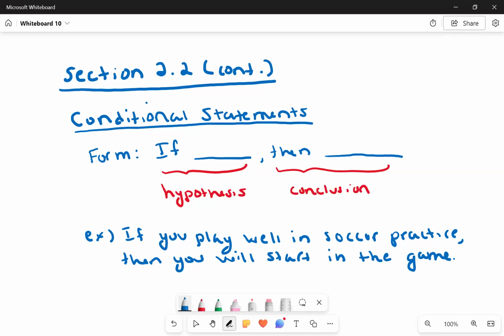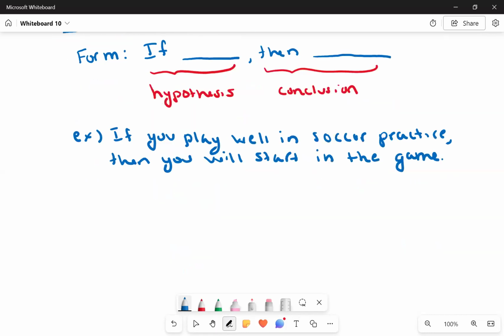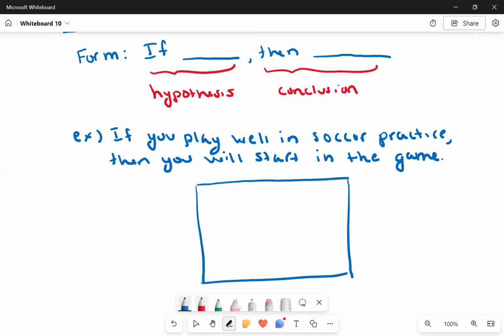I'm going to draw this as a Venn diagram. So what we have is the idea that if our premise happens, right, if our hypothesis happens, then a conclusion is going to happen. And the idea is you would expect the conclusion to follow once the hypothesis happens.